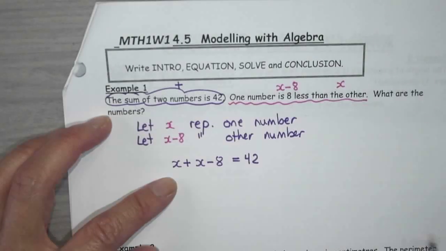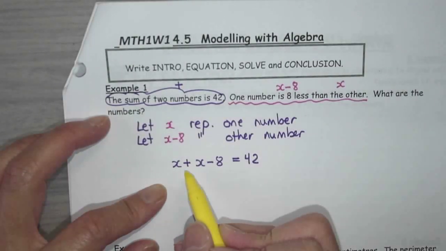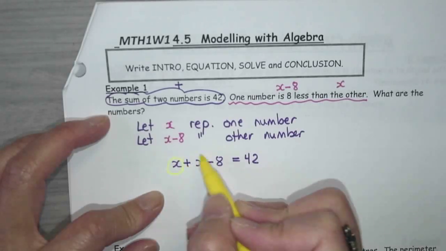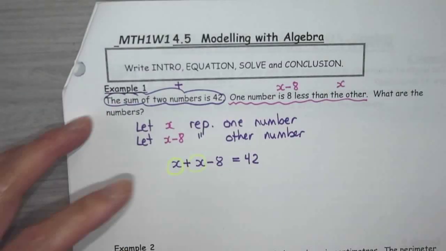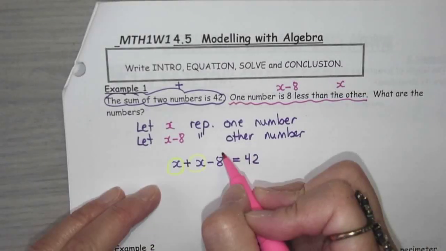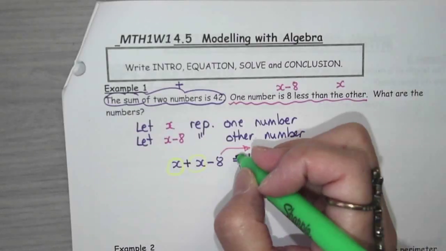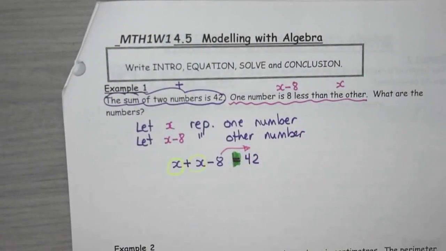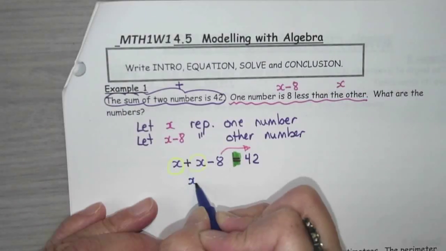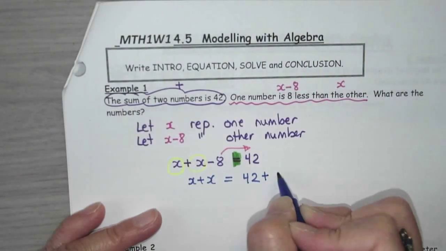So when we solve, we want to keep the variables on one side, right? So the variables stay on this side, and these guys here are the x's, the terms with variables, and we're going to bring the other ones to the other side. So this one will move over. Whenever it crosses this equal sign, it changes to the opposite operation. So we're going to go x plus x equals 42, and minus 8 becomes plus 8.